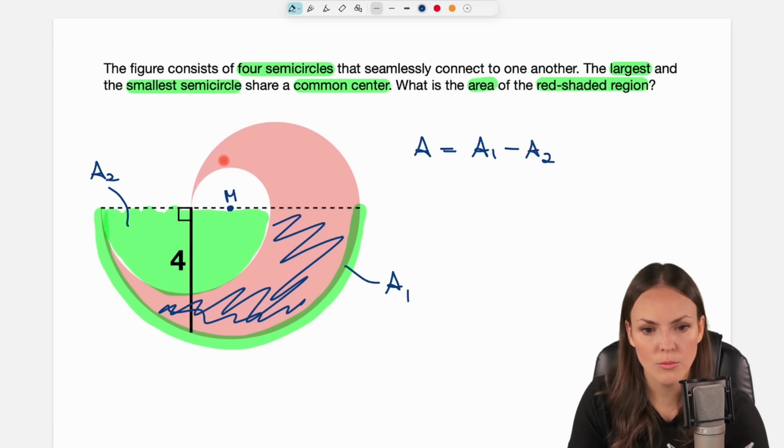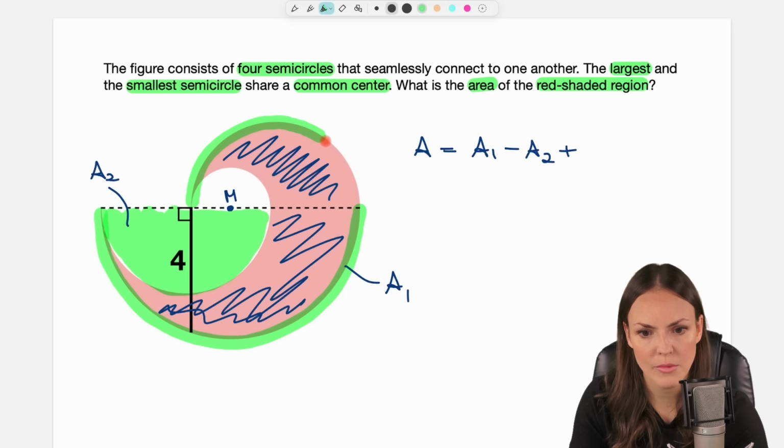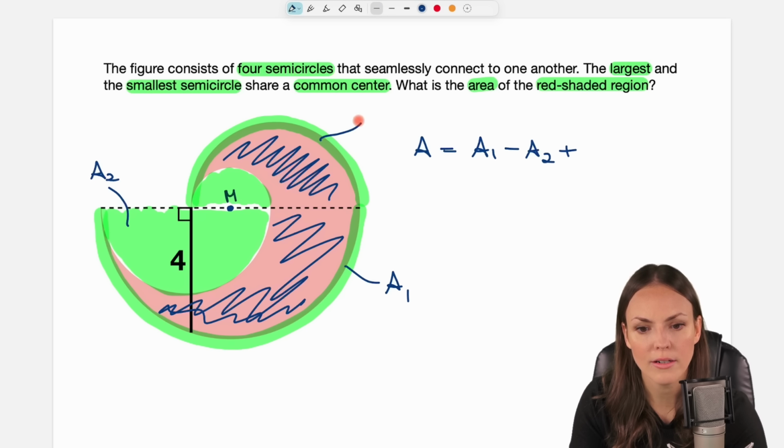Okay, then we want to add this part up here, so how can we find this area now? This consists of this semicircle, which would be too much again. So we would have to subtract this small semicircle here. So let's call the area of this semicircle A3 and the area of the smallest semicircle A4.